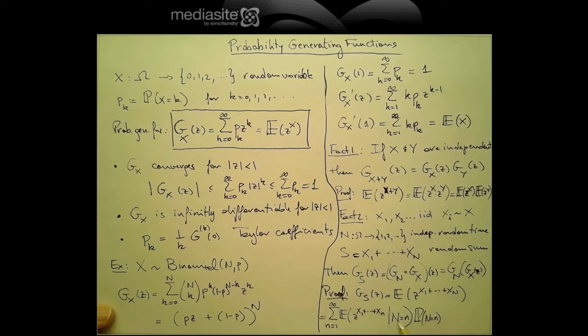But remember, this event here is independent of these, right? This was an independent random time, so that cancels out. Can remove it. And then these sums become products of z to the X1, z to the Xn. But they are independent. So we can then apply fact 1 and we get a product of expectations. And they're all the expectation of z to the X to the power n. And so that's exactly g_N evaluated at g_X.